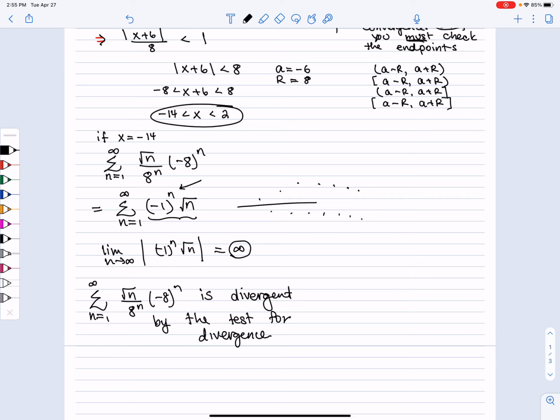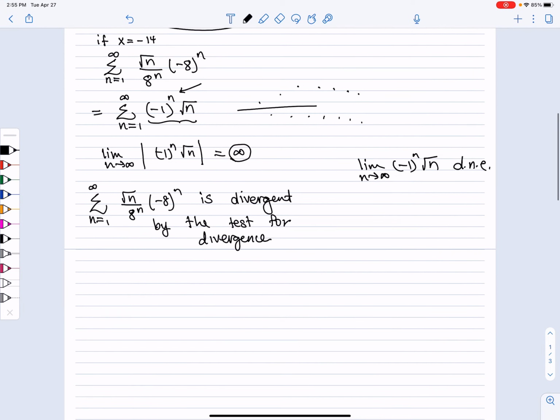So the idea here is that the limit as n approaches infinity of negative 1 to the n radical n does not exist. Now let's plug in 2 into our problem.